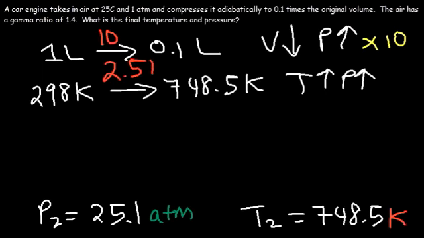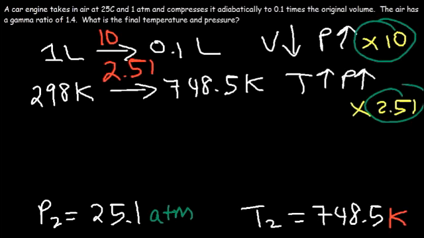So therefore the pressure should go up by 2.51. If you multiply these two values, you can see the pressure went up by a combined value of 25.1. So it increased by a factor of 10 due to the decrease in volume, and it increased by a factor of 2.51 due to the increase in temperature.